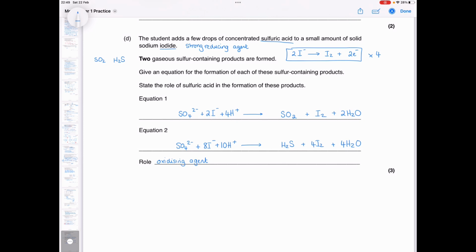So these are 2 equations that you can either remember, or you can, as I've just done there, construct them from first principles by considering the oxidation states of the sulphur in each example, and then balancing the equations using the right multiple of the reducing agent, the redox equation for the reduction, and balancing with waters and hydrogen ions, and you can get to the answer by doing that.